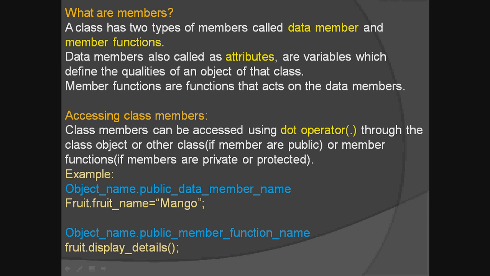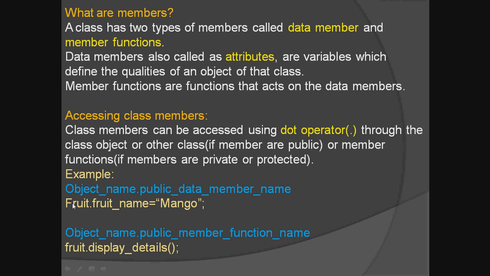But if it is private or protected, only the member functions can access the data members. Here you can see the syntax: object name dot public data member name. If the data member is public, then the object can access it in this format. This is the object name fruit, then the dot operator, then this is the member, that is the variable name, fruit underscore name equals mango. So mango is assigned to the member fruit underscore name.